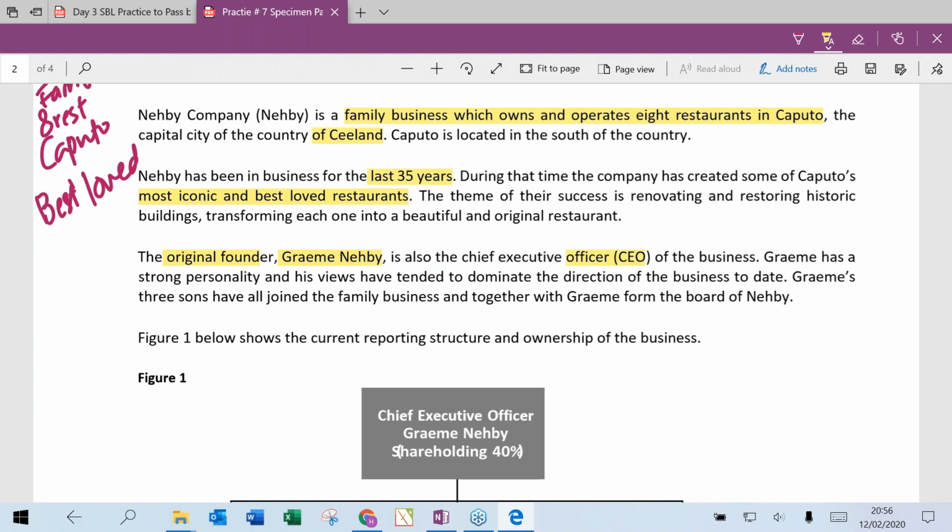Graham has a strong personality, and his views have tended to dominate the direction of the business to date. Graham's 3 sons have all joined the family business and together with Graham form the board of Nabi.